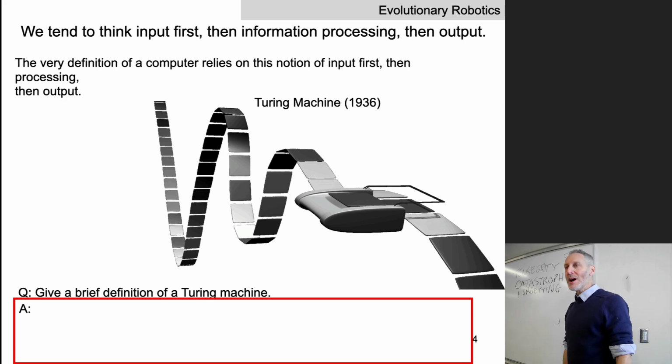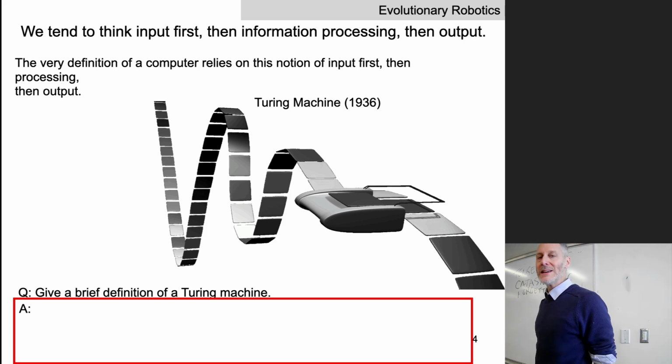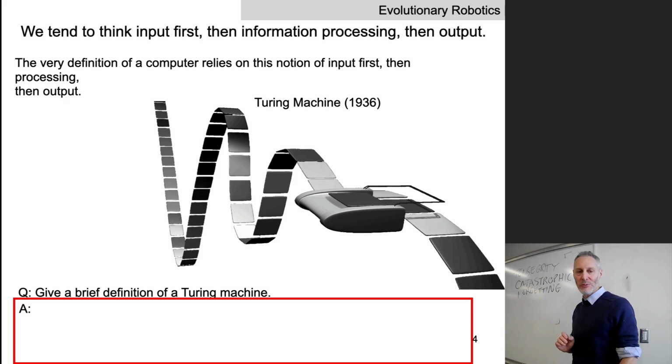Okay, let's jump 200 years forward from the 1700s to the early 1900s. This should look pretty familiar, hopefully, to all the computer scientists in this class. Who has not heard of a Turing machine before? Okay, there's some non-CS folks here.